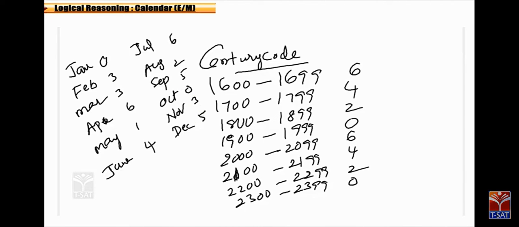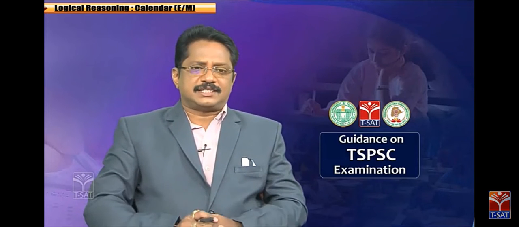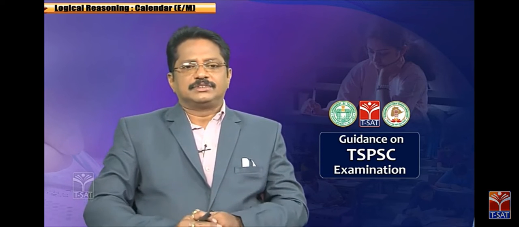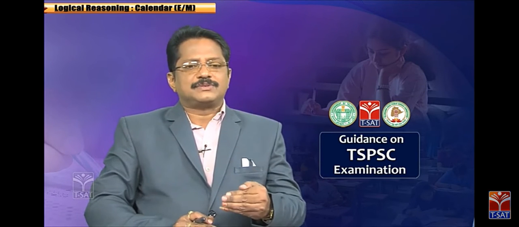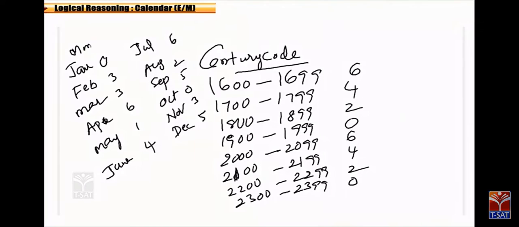You don't need to remember all those things separately. A very simple way, you can say 0336 14625 035. When you remember this, it is very easy. These are the month codes. Clear? Okay. So here we got the month codes also.